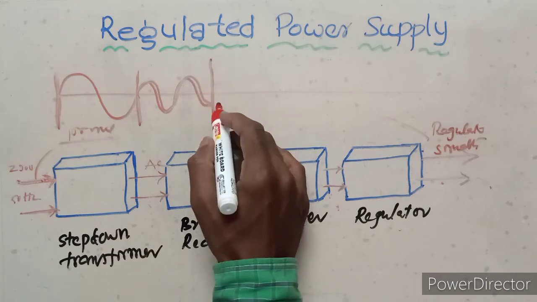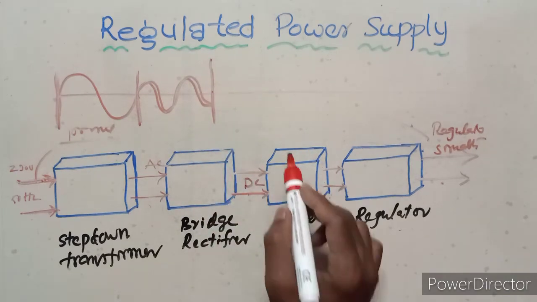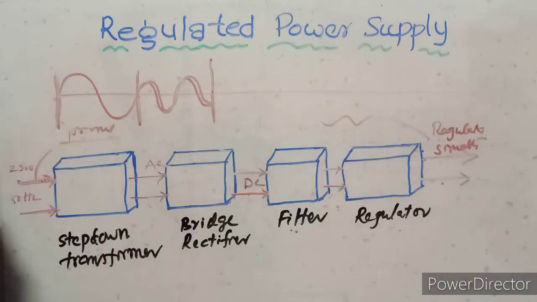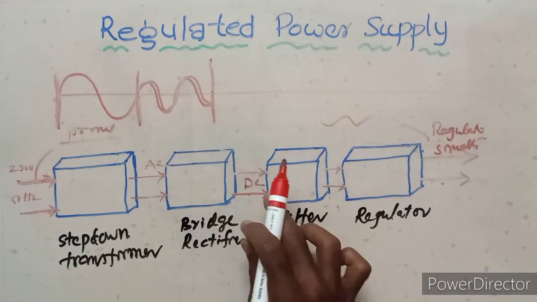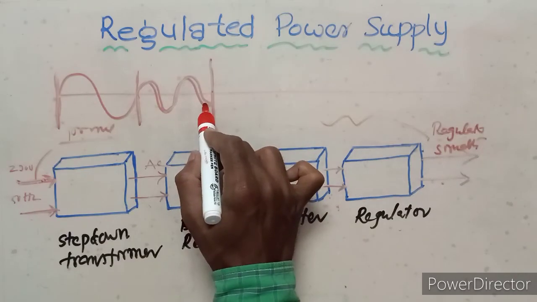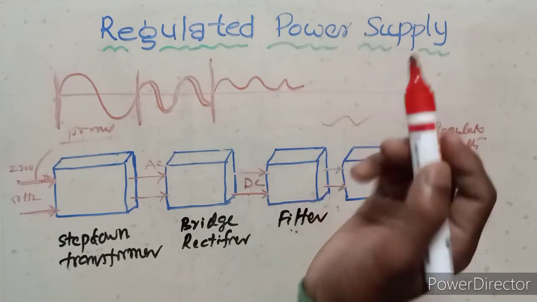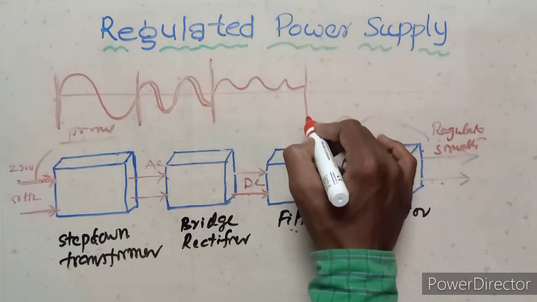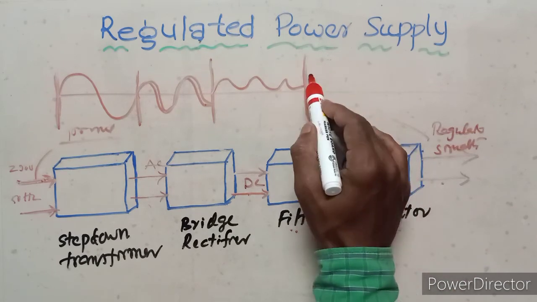Pulsating, already we know. This AC current is converted into pulsating DC. And next, the pulsating DC becomes small ripple, smooth.